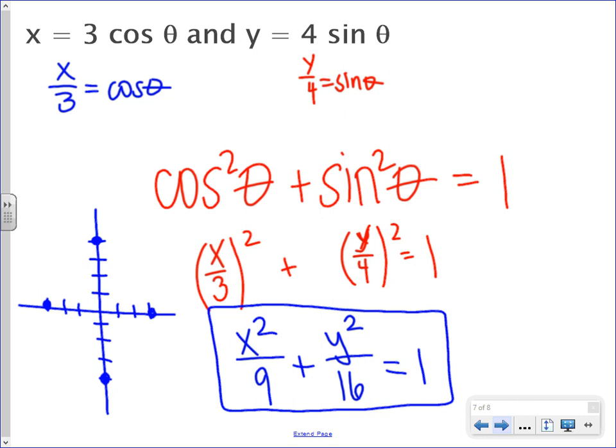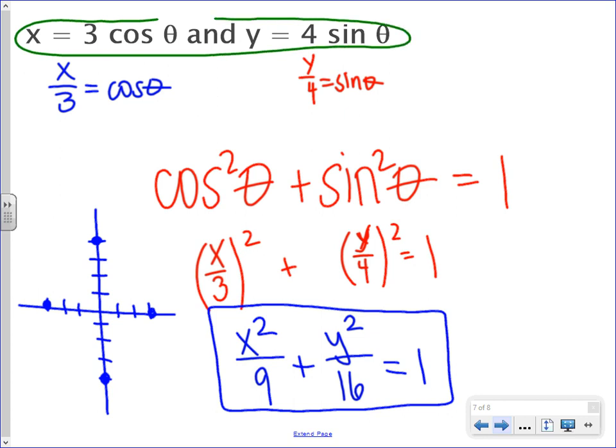Just do 0. I wouldn't even do 1. I would plug in 0 and then I would plug in pi over 2. If we plug in 0, we have x equals 3 times the cosine of 0, y equals 4 times the sine of 0. That gives us this coordinate right here.